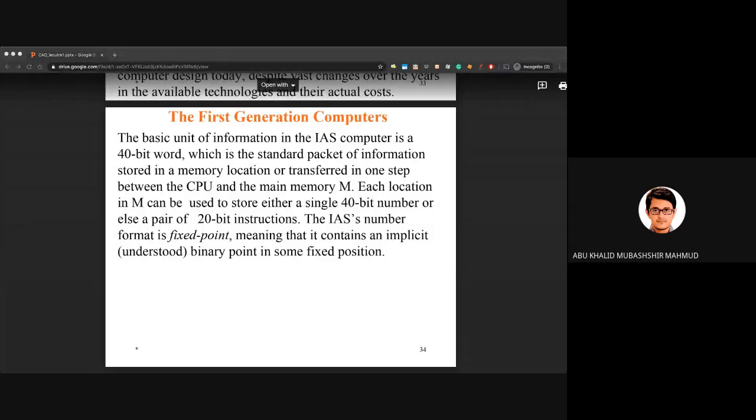The basic unit of information in the IAS computer is a 40-bit word, which is the standard packet of information stored in a memory location or transferred in one step between the CPU and the main memory M. Each location in M can be used to store either a single 40-bit number or else a pair of 20-bit instructions. The IAS number format is fixed point, meaning that it contains an implicit understood binary point in some fixed position.